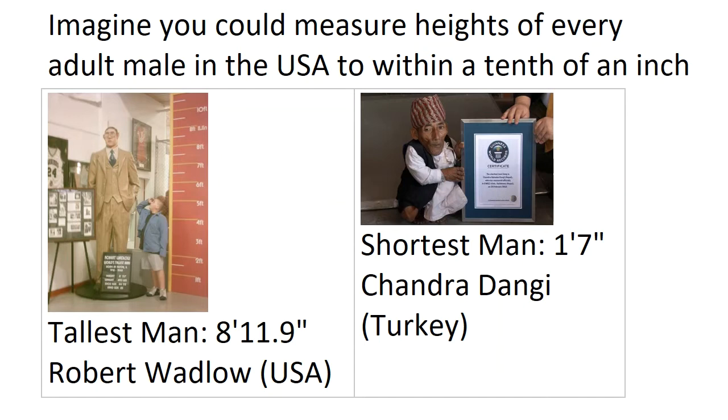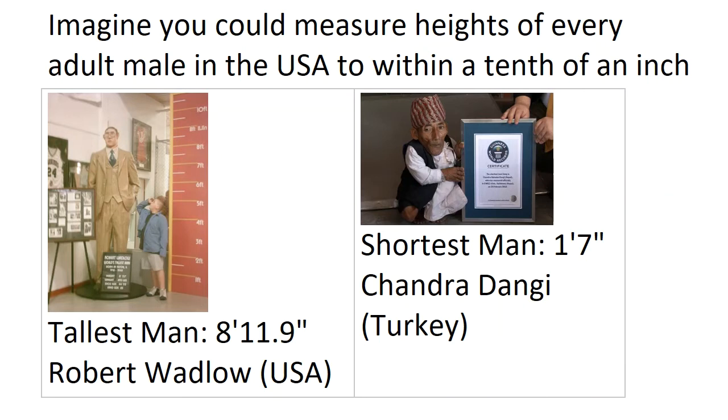I expect the heights that I'm going to measure to be in a very narrow band. I've never met a person 20 feet tall, and you haven't either. The shortest man ever recorded by the Guinness Book of World Records is Chandra Dangi of Turkey, 1 foot 7 inches tall. The tallest man, who's now passed away, recorded by the Guinness Book of World Records, was almost 9 feet tall, 8 feet 11.9 inches, Robert Wadlow of the United States.